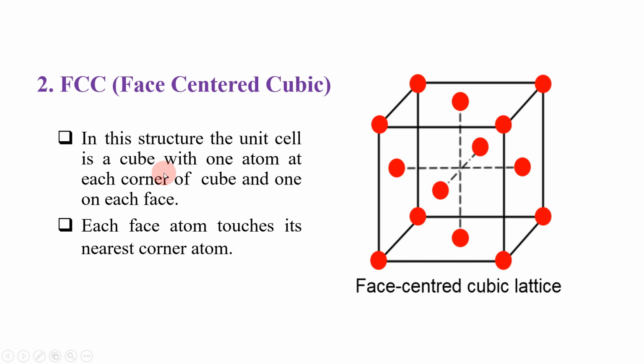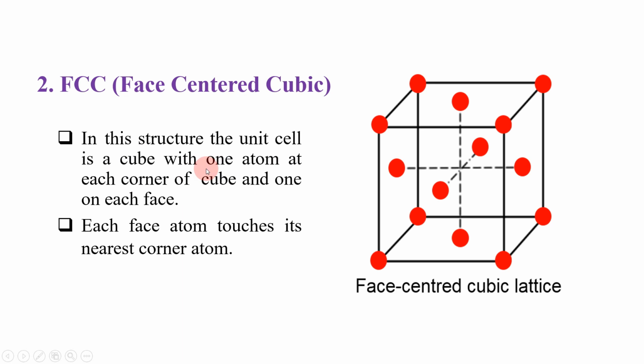Now see guys, what is the difference between BCC and FCC? What is written here: in this structure, the unit cell is a cube with one atom at each corner of a cube. This condition is the same as BCC, because the BCC crystal structure also has one atom at each corner of a cube.